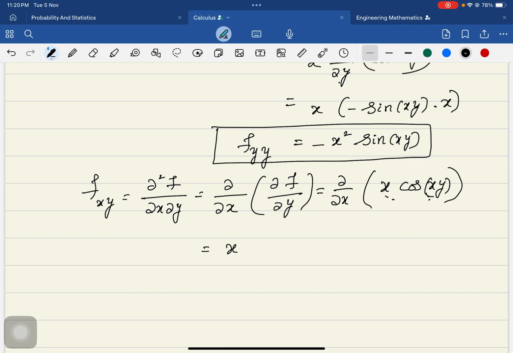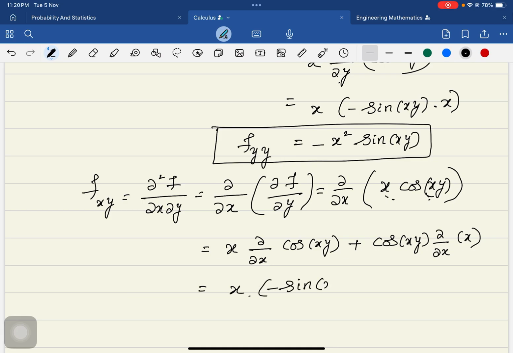So the product rule says x times ∂/∂x of cosine of xy plus cosine of xy times ∂/∂x of x. Okay. Now what is the derivative of cosine? It is minus sine of xy into the chain rule.